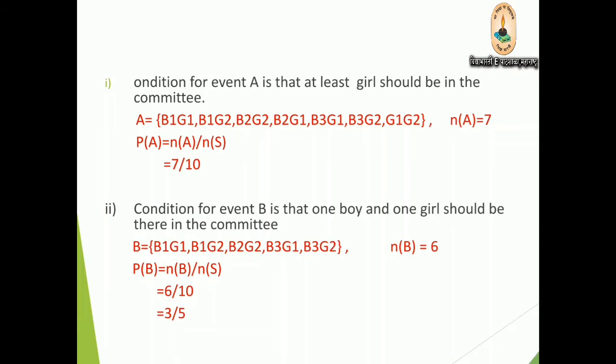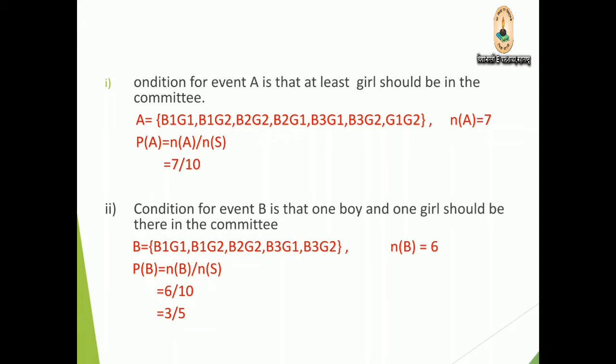There are total 7 sample points in event A. Therefore n(A) = 7. Probability of A = n(A) / n(S). Then substituting the values of n(A) and n(S), we get P(A) = 7/10.